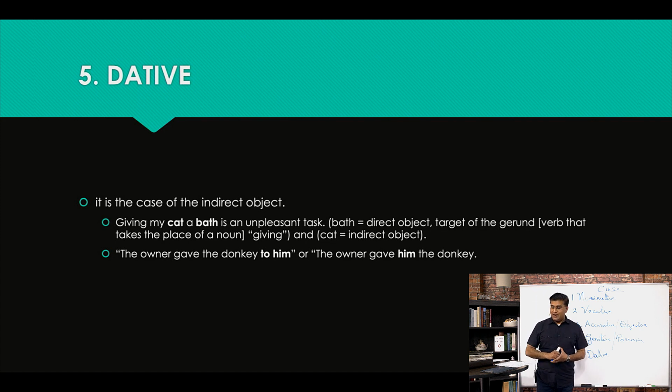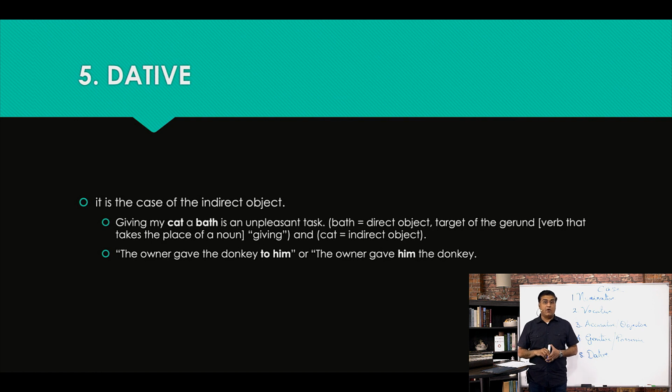Now, I know it's kind of tough when you think about grammar. It's like, oh, I remember those days in high school or in freshman comp trying to understand what is the indirect object. The indirect object, okay, let's talk about the direct object: bath. Bath is the target of giving.